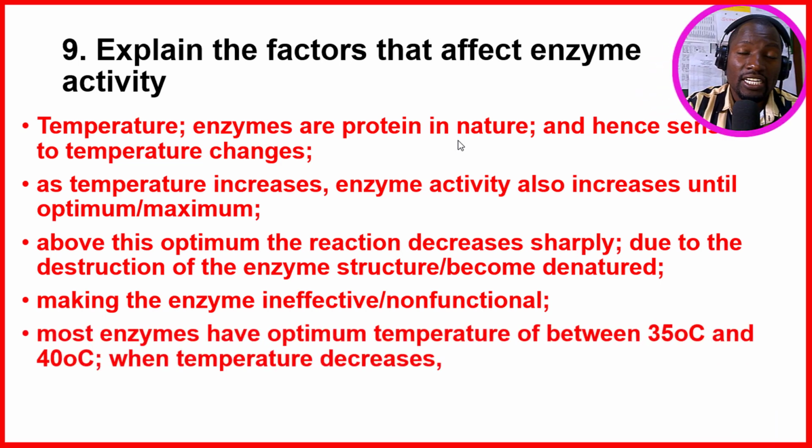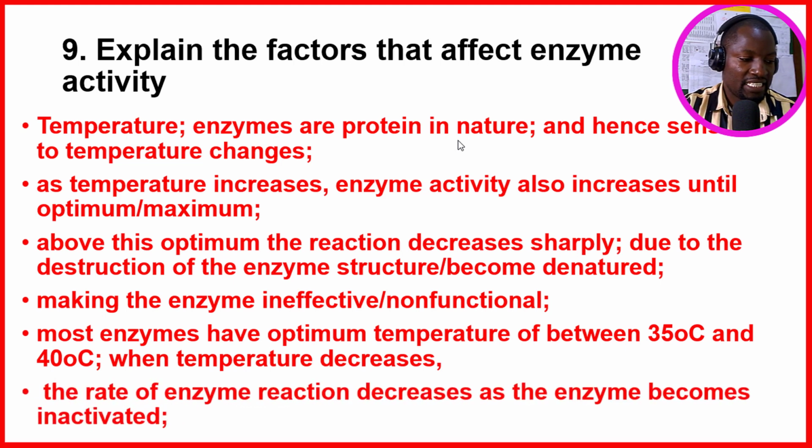Now, most enzymes have an optimum temperature of between 30 to 35 degrees and 40 degrees Celsius. Now, when the temperature decreases, the rate of enzyme reaction also decreases as the enzymes become what? Inactive. The enzymes become inactive.